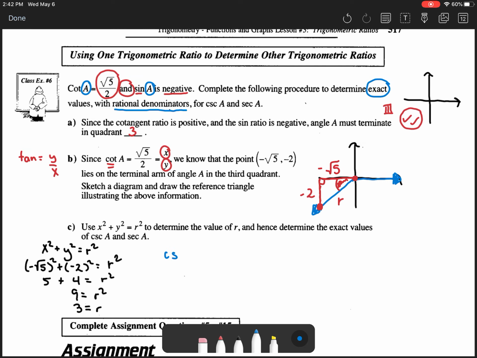So from there, what I do is I calculate first cosecant of a. Remember, cosecant of a is the reciprocal of sine. Sine is y over r, so this is going to be r over y. So this will be 3 all over the y value, which is 2, and it's negative. So negative 3 over 2 is your value for cosecant of a.